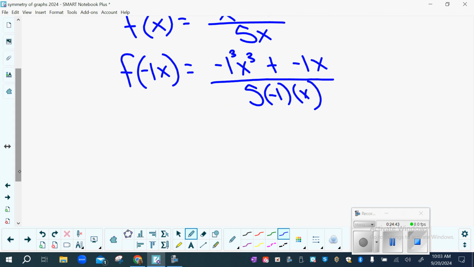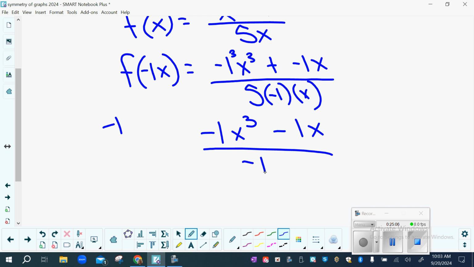You're like, Miss T, that looks like -1, because that's to the third power. So -1 times -1 times -1. Those two go away. I'm left with -1 because it's odd. So negative 1 x to the third minus 1 x over negative 1 times 5 times x, or negative 5x.